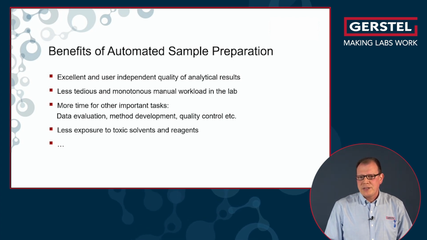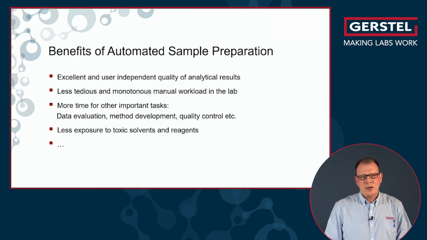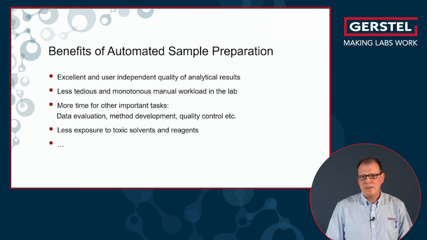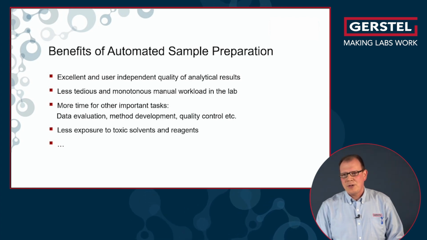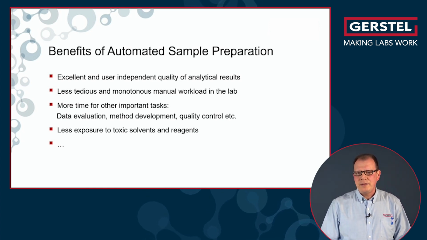An additional effect is that they are then less exposed to toxic solvents and reagents. The automation is not necessarily faster than the manual sample prep, but of course it can run 24/7, which is also a very great advantage.